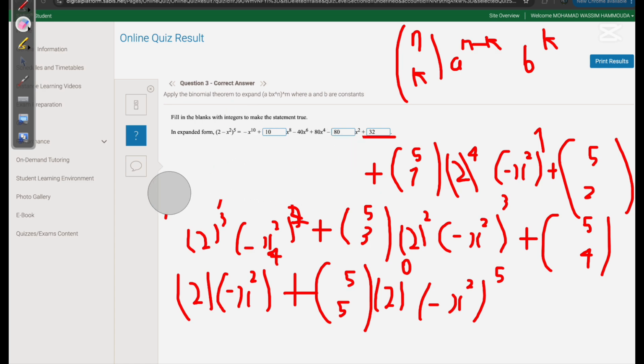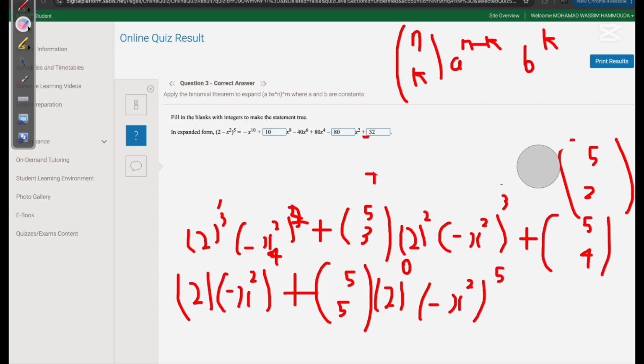Then they also want 5c1, which is 5. 5 times 2 to the 4, which is 16, and then negative x squared is just x squared, which will give us negative 80x squared, which we already have.